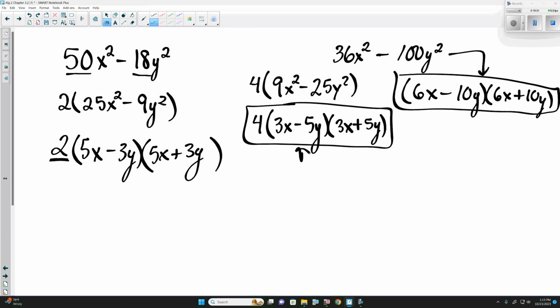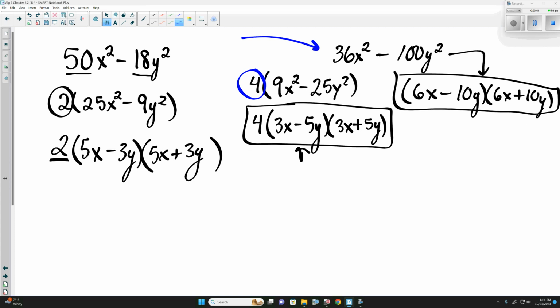And there is a difference between these two, the 36x squared minus 100y squared and 50x squared minus 18y squared. Because it might seem odd that this one here, we could factor it with the greatest common factor without it, yes? But the other one we couldn't. And the reason lies in what the greatest common factor is. Is 2 a perfect square?